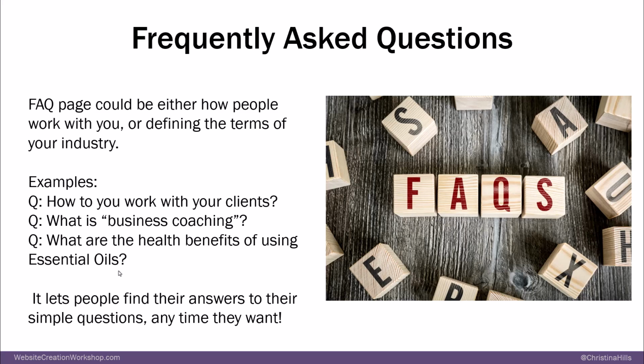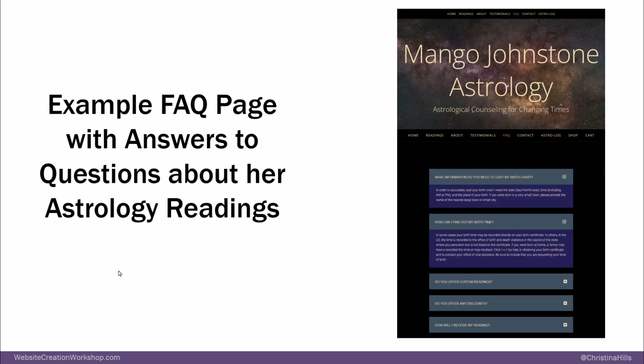So with an FAQ page, it lets people find the answers to their simple questions anytime they want. Like if I'm going to contact a company, I'll look at their FAQ first because maybe I've got the answer there. And here's one of my students, Mango Johnstone, and she does astrology consulting.